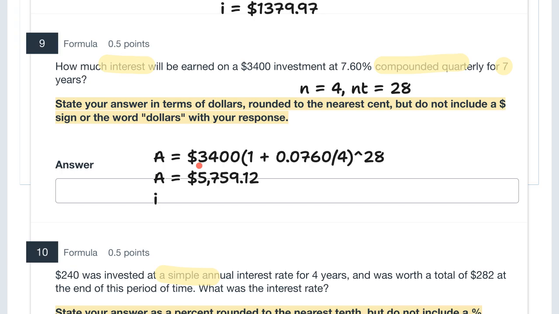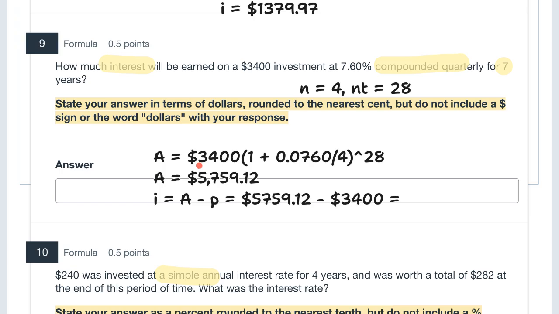The question asked for the interest. The interest is that future value minus the original principal of 3,400. So 5,759.12 minus the 3,400.